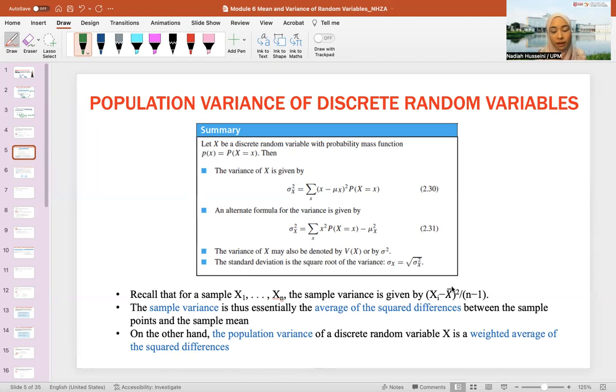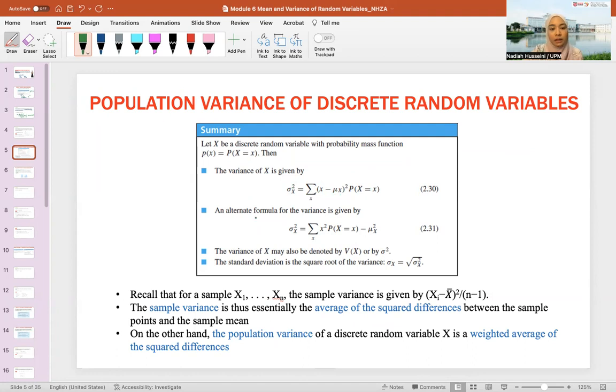Then the variance of X is given by, it's the same symbol this time, so we don't have to worry too much about that. It is equal to the summation of random variable x minus the mean of random variable x, squared, times the probability.